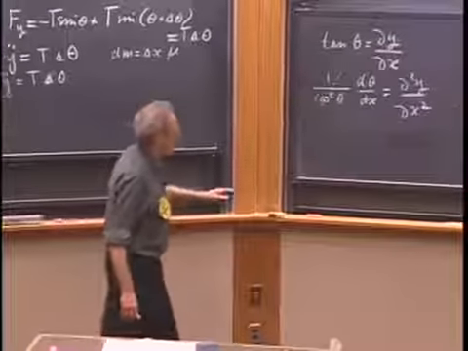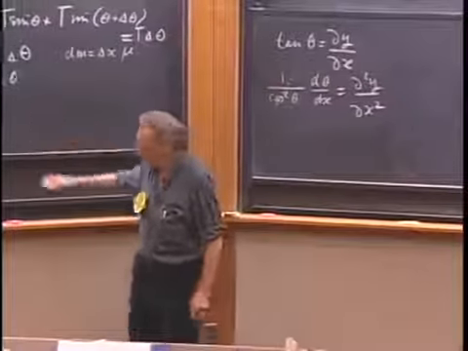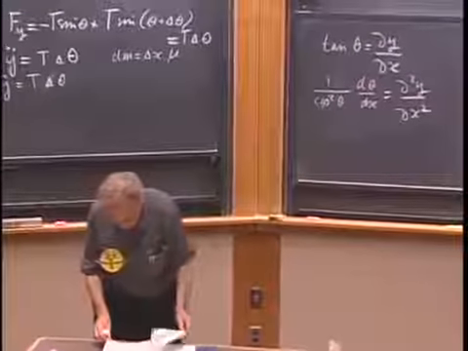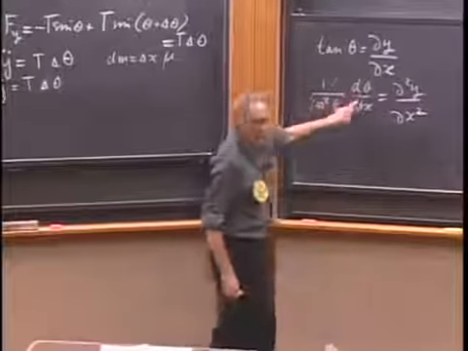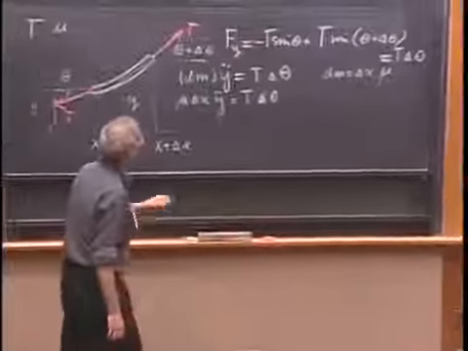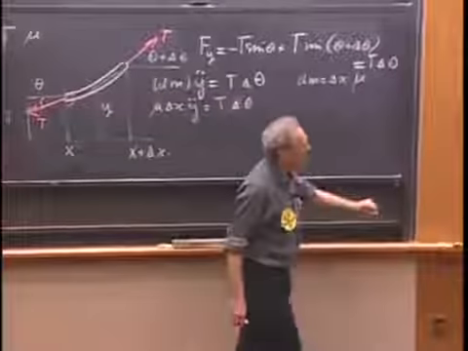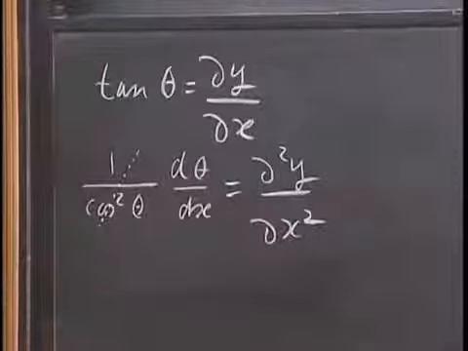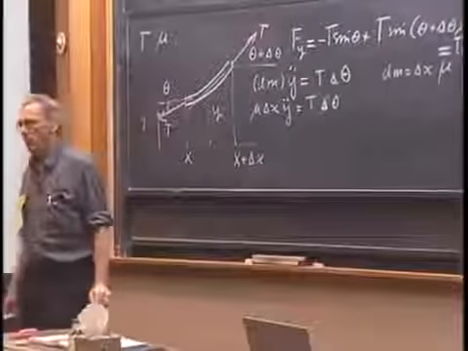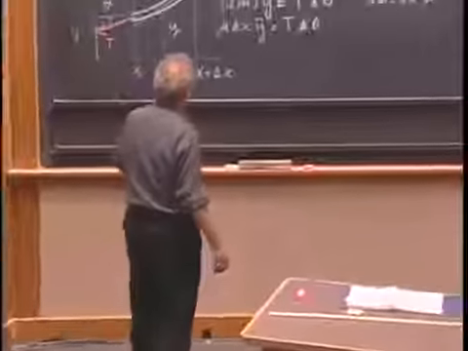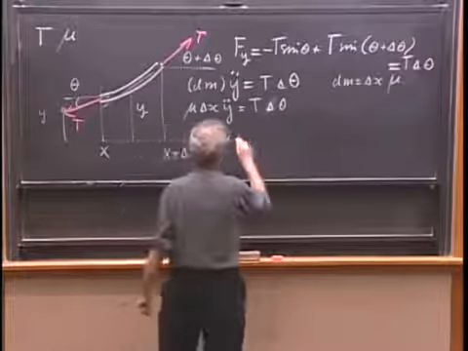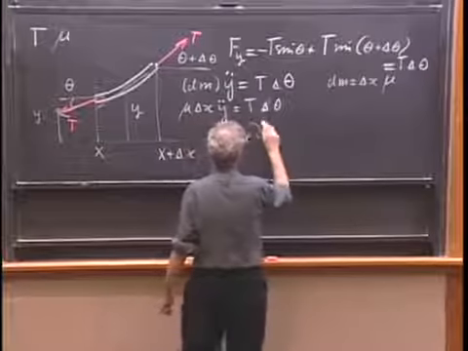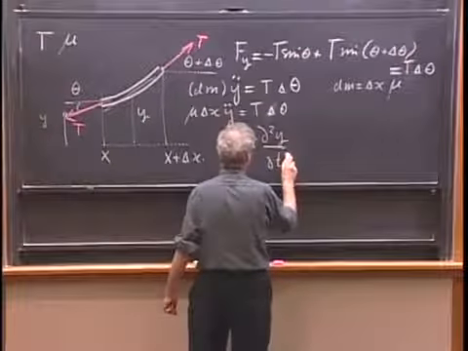And so I'm going to substitute this result into my differential equation. I read this as delta theta, which is here, and I read this in my mind as delta x, which is here. Now, mathematicians would probably never do that, but physicists have no problems with that. So I'm going to write here mu times delta x, and here I write d2y/dt squared.